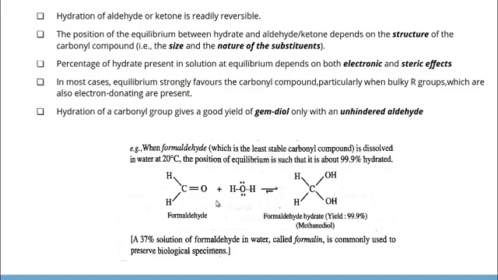That means in this equilibrium the forward reaction is favored. The formation of hydrate is highly favored compared to the formaldehyde structure. That means hydration is maximum possible for formaldehyde.